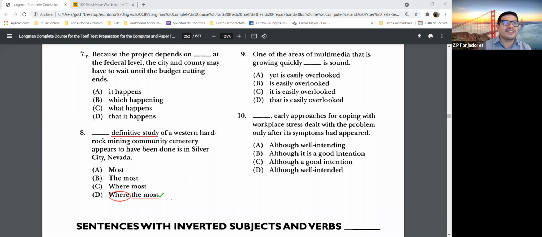Let's see, this is a prepositional phrase from my commentary. Appears is the action. So this is the action to the study: the study appears. Let's imagine that this doesn't exist.